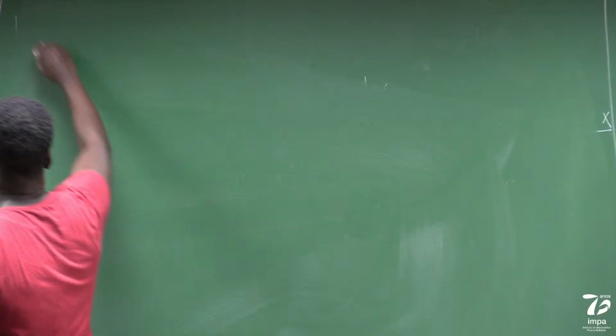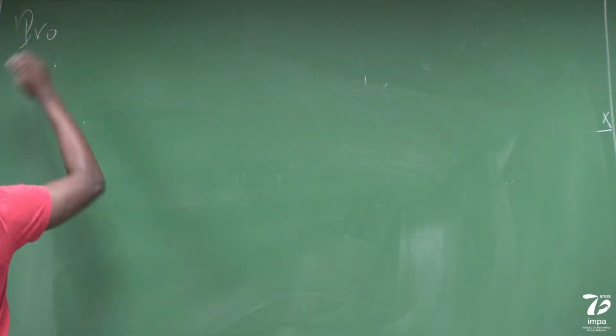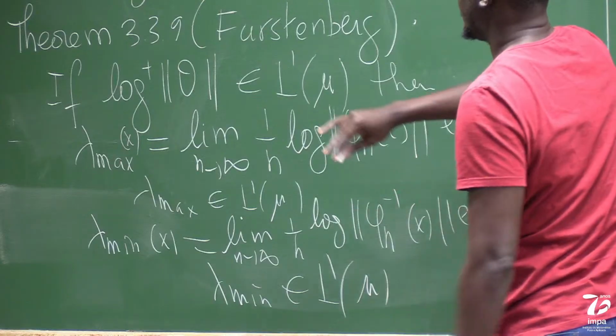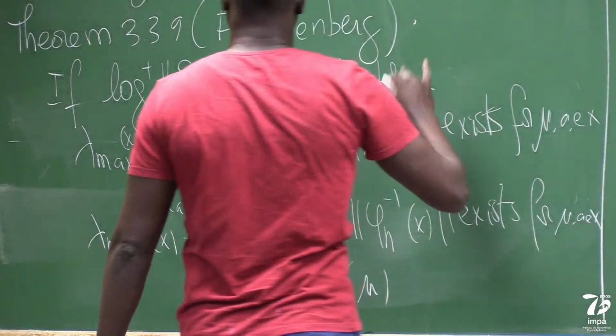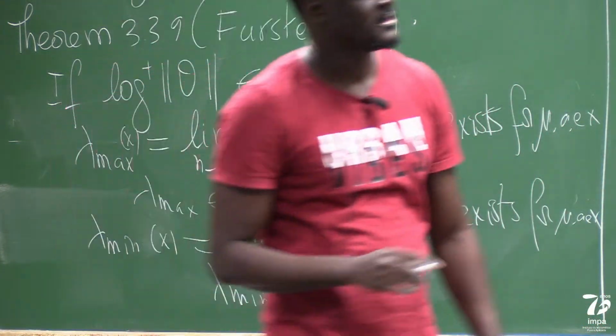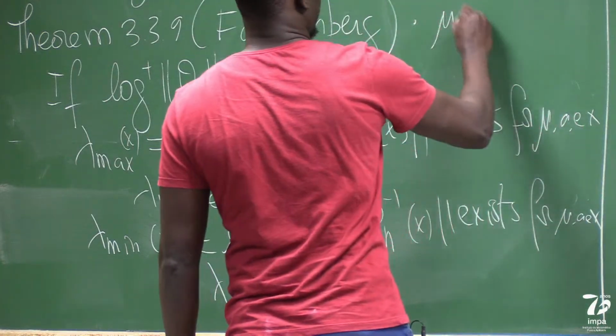The proof is an application of Kingman, because we have sub-additivity, we have integrability, and mu is f invariant. Sorry, I did not say that.